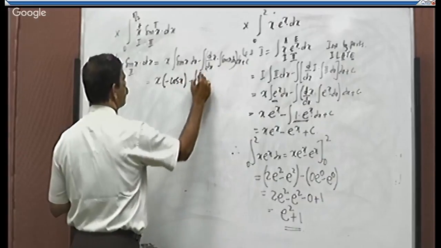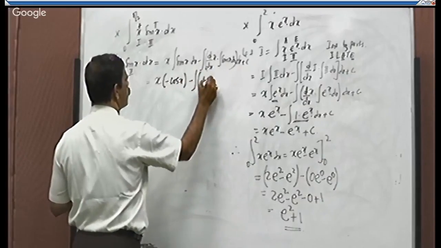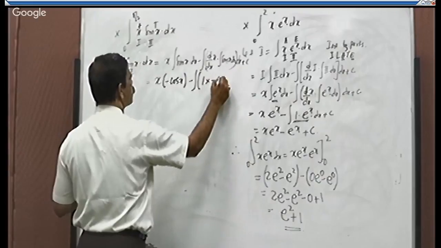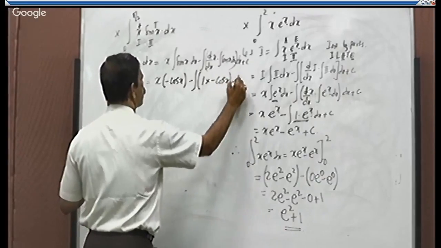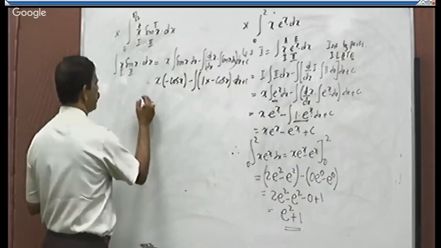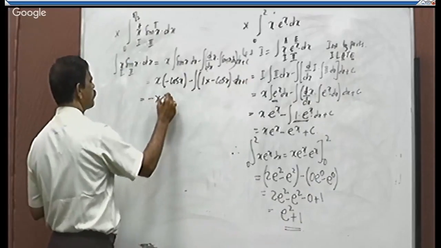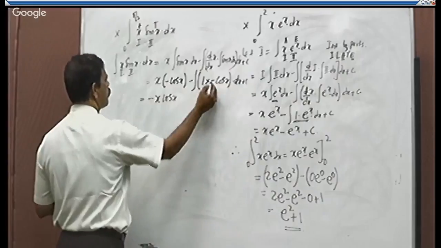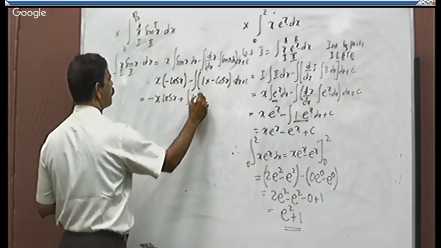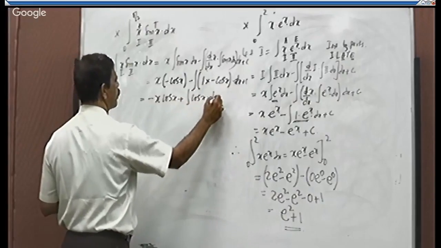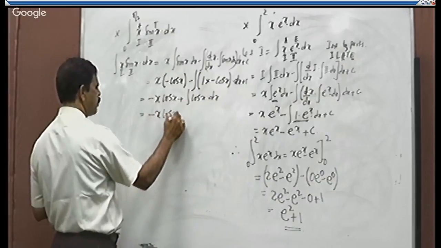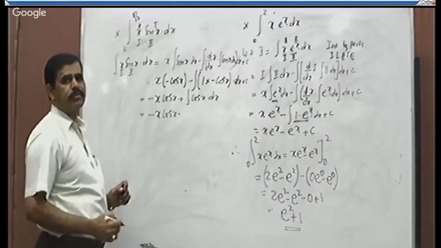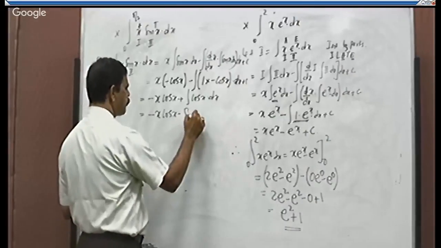Minus integral of dy dx of x is 1 into integration of sin x is minus cos x into dx plus c. It is minus x cos x, minus into minus plus integration of cos x dx, or minus x cos x plus integration of cos x is sin x, right?